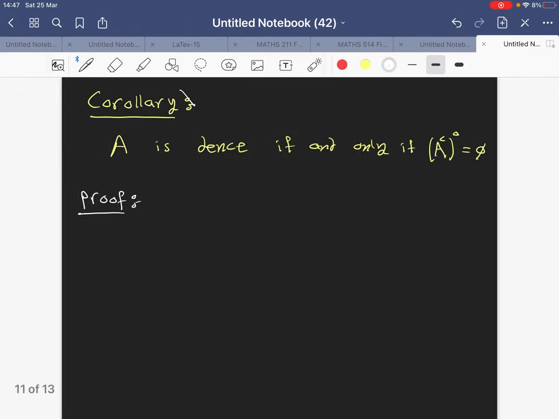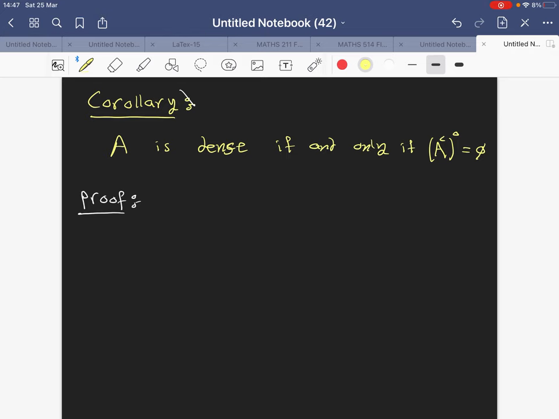Now, let's go to a small and easy corollary about the dense set. So here we say A is dense if and only if the interior of the complement is empty. So this means there is no open set inside the complement. The complement is very shallow.